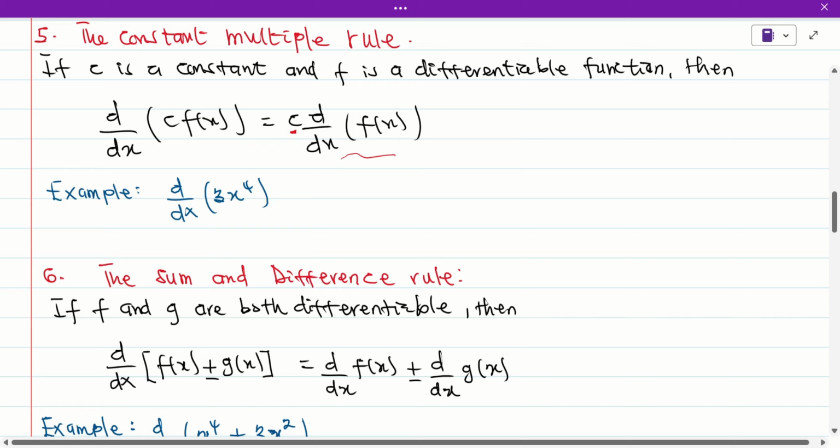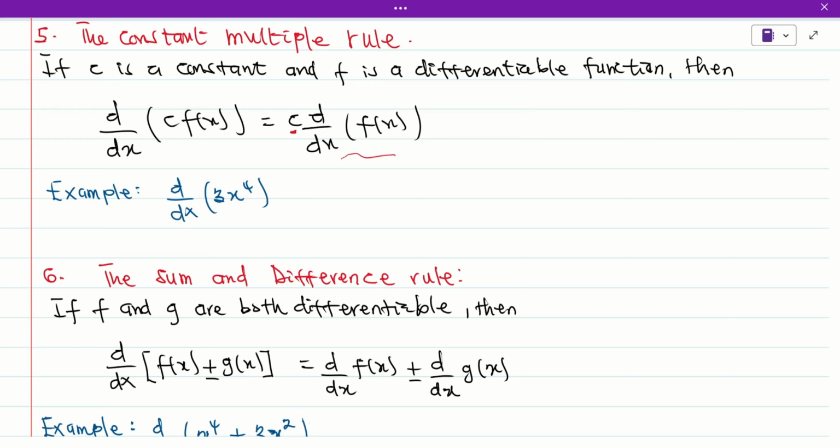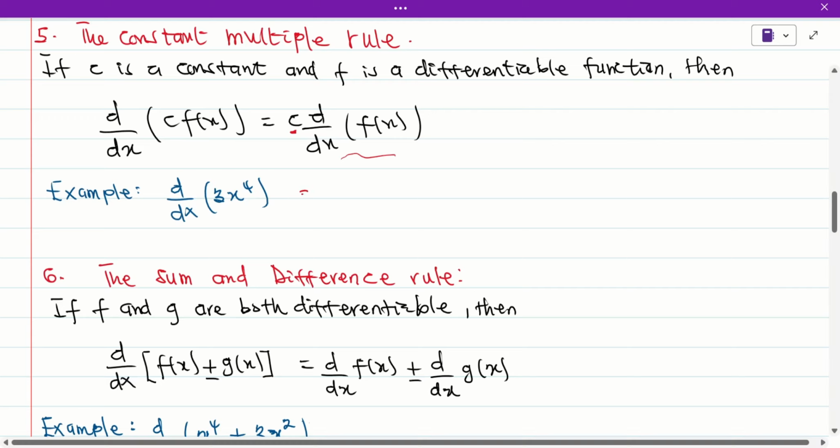You get it? So for example, here we are going to differentiate 3x exponent 4. In differentiating this 3x exponent 4, what we are going to do is to bring 3 out. Then we differentiate d/dx of x exponent 4.